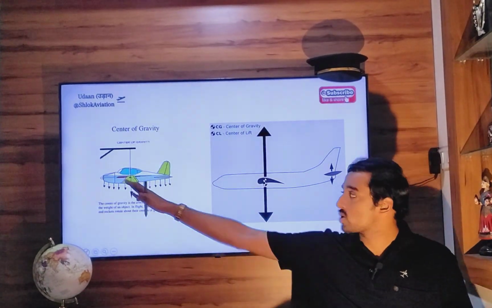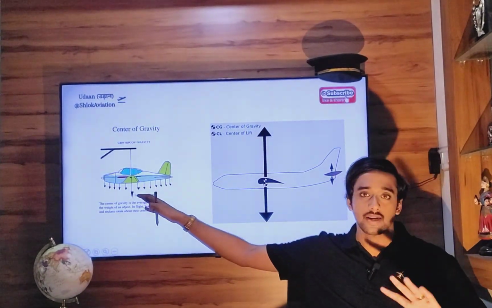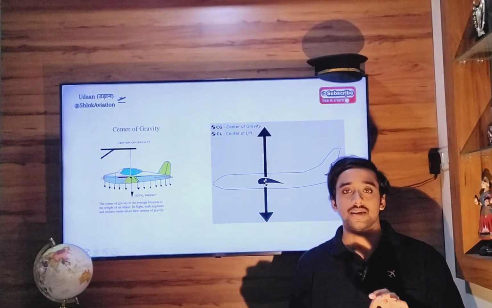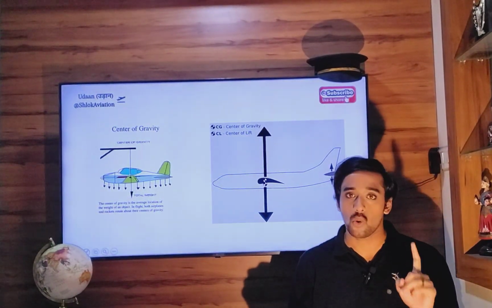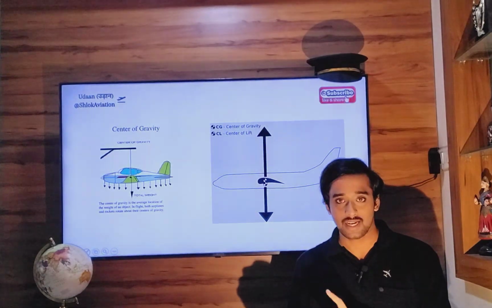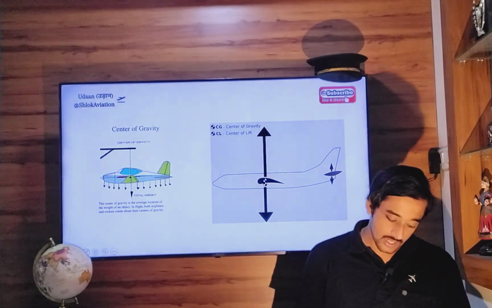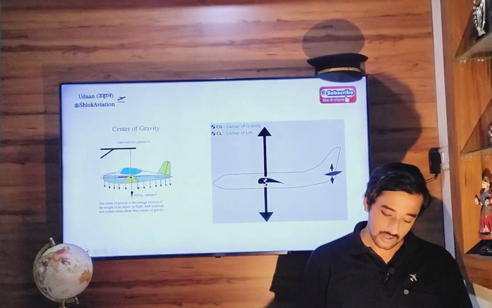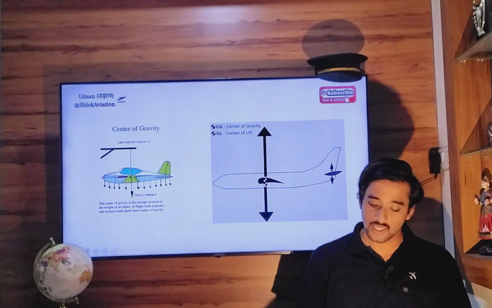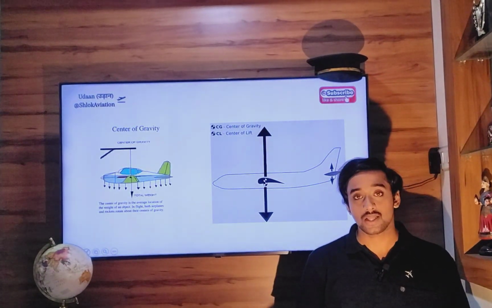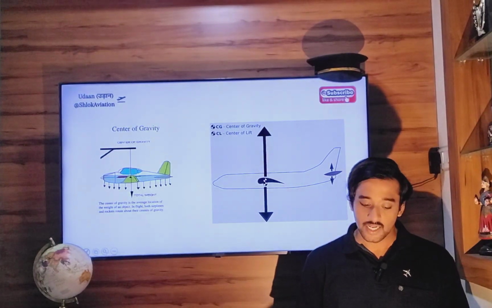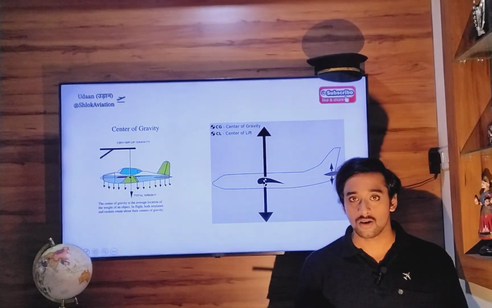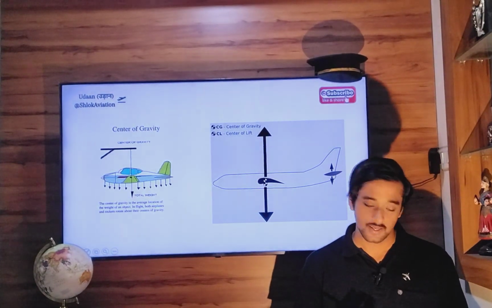It will have a nose wheel and two main landing gears. The entire weight of your aircraft is said to be acting through one point called the center of gravity. So remember that. Center of pressure is the point where the lift acts. Center of gravity is the point from where the weight of that aircraft acts.